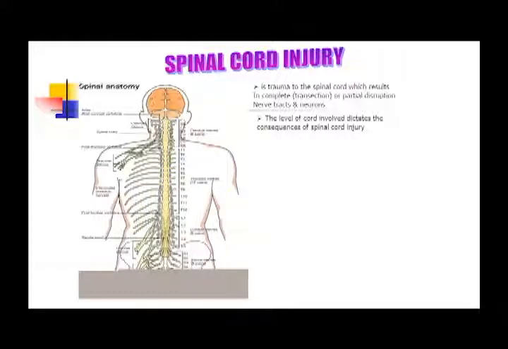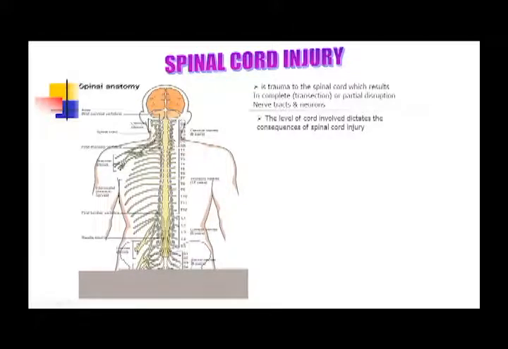For example, if the affected vertebrae is in the lumbar area, expect that the signs and symptoms will mainly relate to those below it. Example would be paraplegia or paralysis of the lower extremities. We may also have urinary retention because of paralysis of the organs under the lumbar vertebrae.